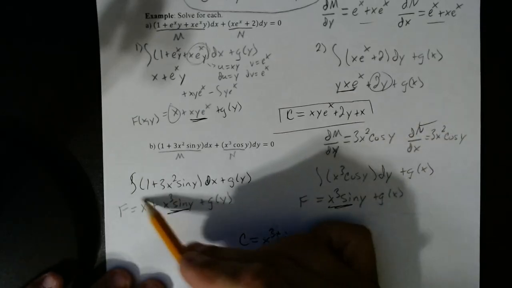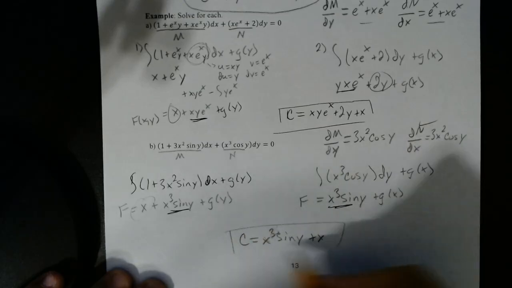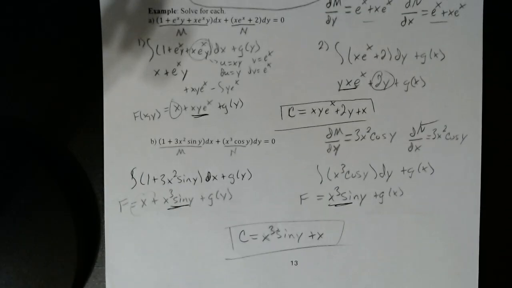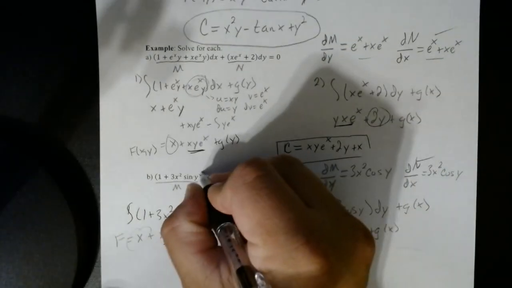And looks like just that, because this has nothing here, so plus x. And there we go. So that's called exact solutions when we have this type of situation here.